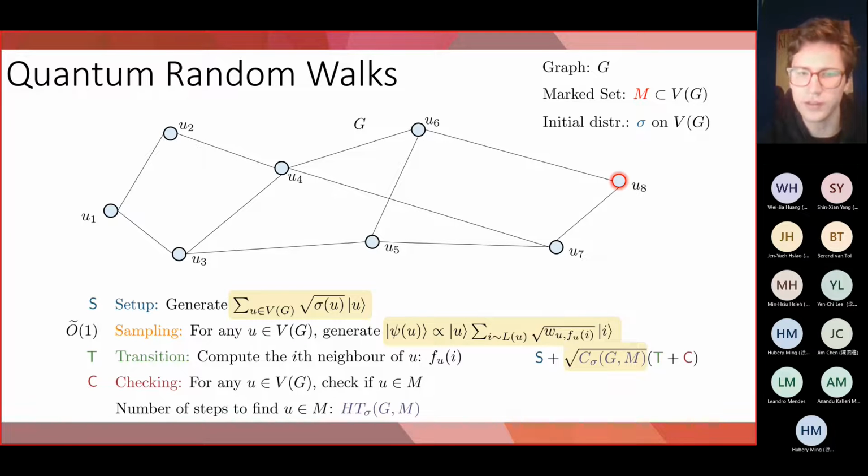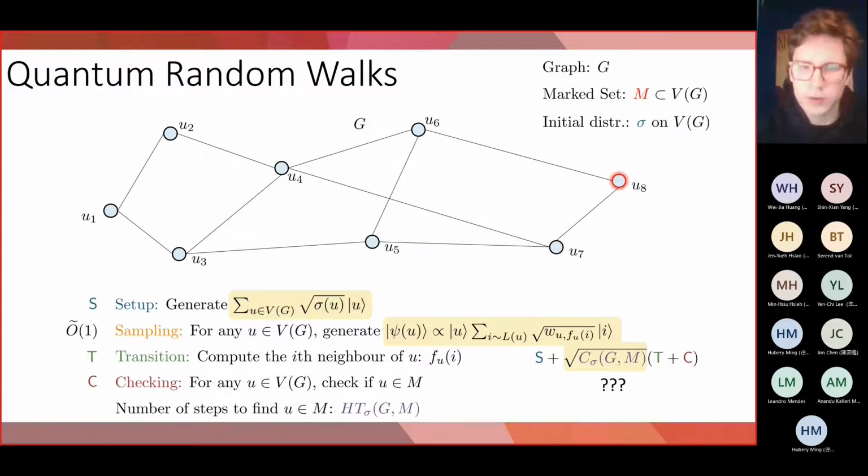So it not only takes into account how many steps we have to take to move from the initial sigma distribution to a marked set M, but also back. And this is referred to as the commuting time. But it's still a more vague notion. The hitting time is a bit more intuitive.